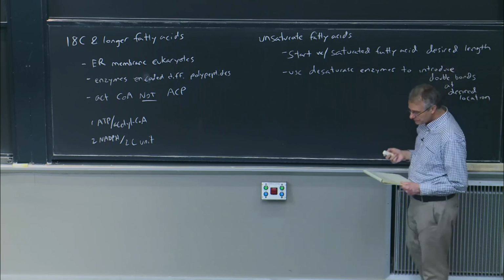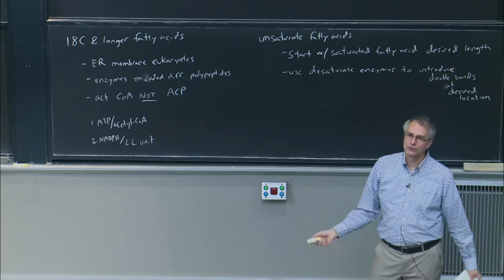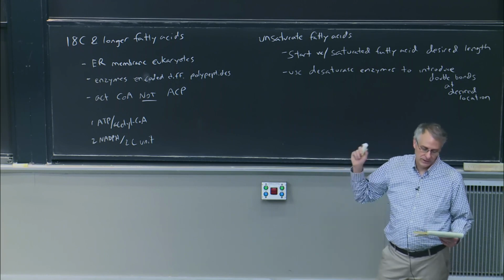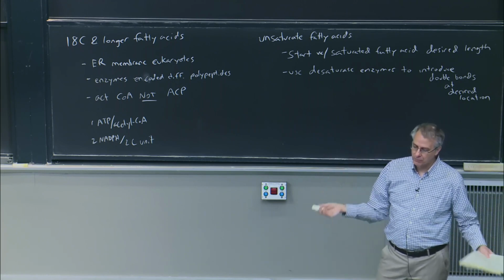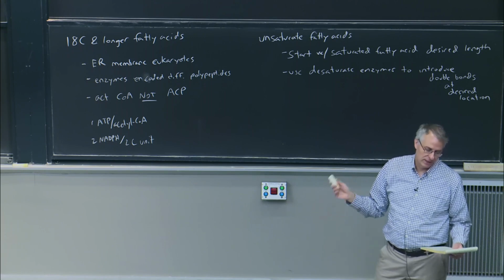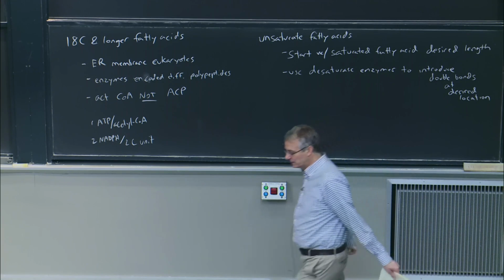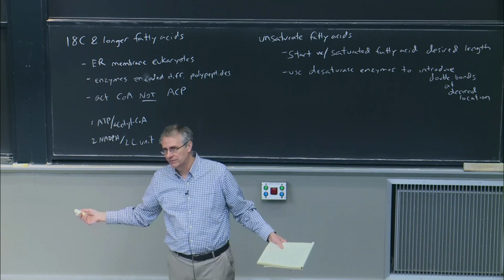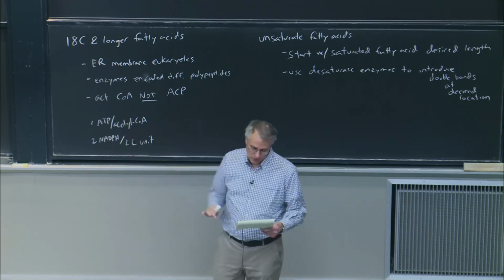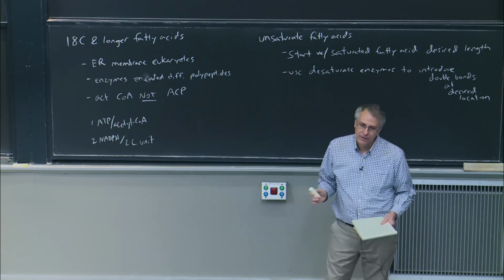All right? So it's a little counterintuitive, but this is effectively why you end up with double bonds at these stereotyped places. So remember, the delta 9 position is the first place, when we described the nomenclature of fatty acids, where we always put the first double bond.